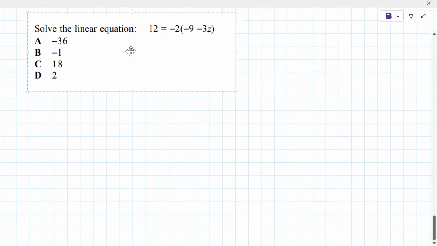But give this a try. And kind of the same thing here. You could solve it. You could try the answers. If you're going to try the answers, you might try the easy ones first.